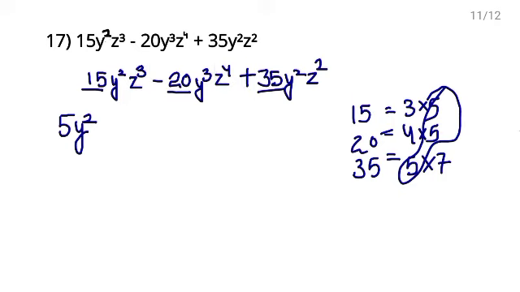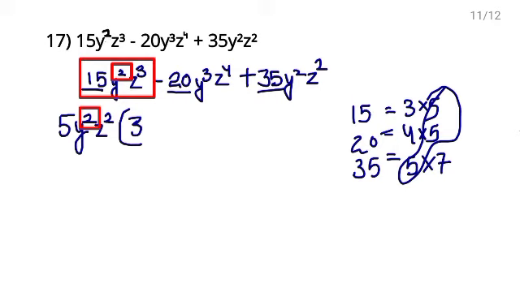We take the minimum power common, right? Now in the first term we have 15y square z cube, but we have taken 5 outside, so 5 3s are 15. 3 will be left inside the bracket. Y raised to the power 2 was there, and we already have taken y raised to the power 2 outside the bracket.